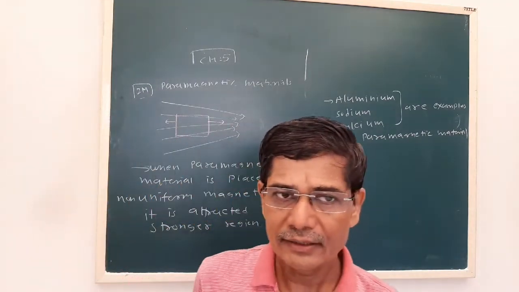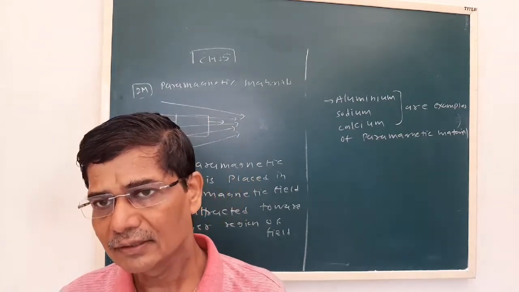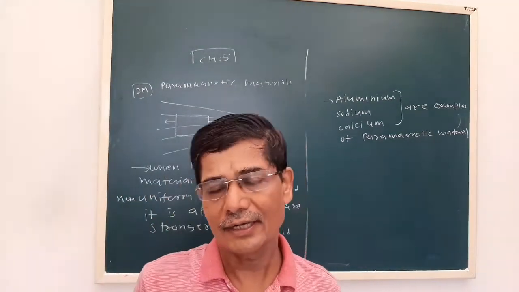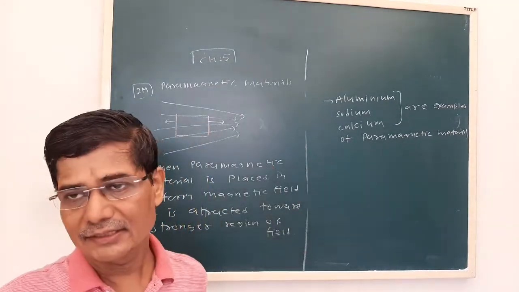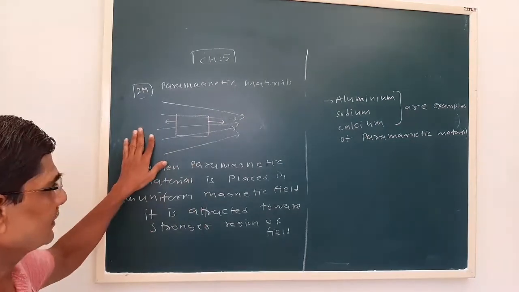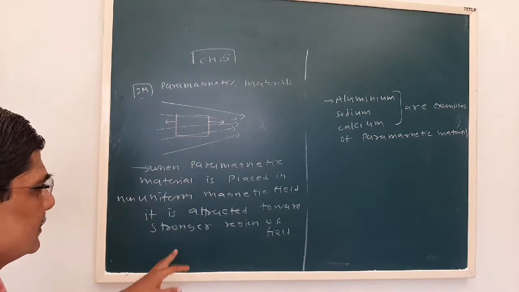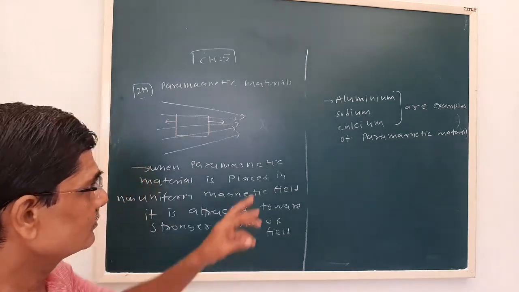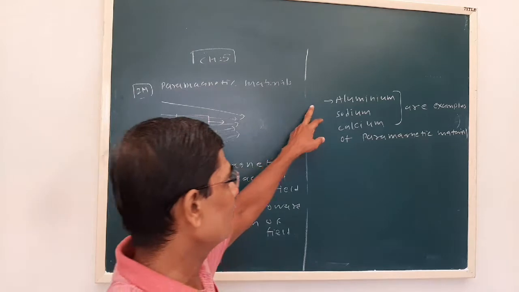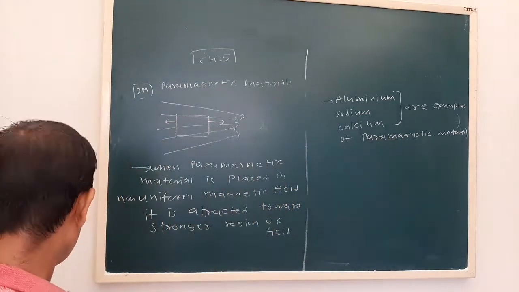But when the paramagnetic material is placed in a uniform magnetic field, because of the force of the magnetic field, the dipoles are arranged in the same direction. As a result, the number of field lines increases. When paramagnetic material is placed in a non-uniform magnetic field, it is attracted toward the stronger region. Aluminum, sodium and calcium are examples of paramagnetic material.